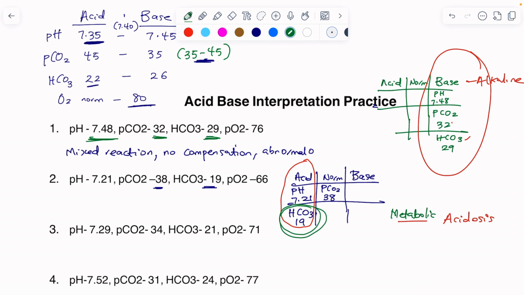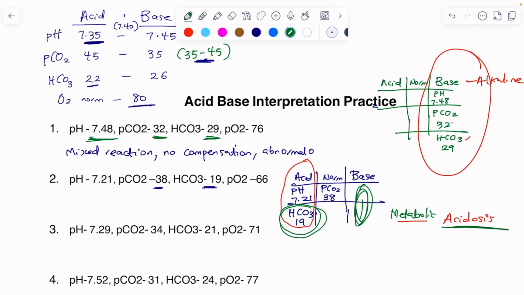If the reverse was the case, and let's say this was our PCO2, it would have been respiratory acidosis. Now I'm going to show you another example. For example, if our pH was on the basic side and we had our PCO2 on this same side, that would make it respiratory alkalosis, because first of all you pick the pH.